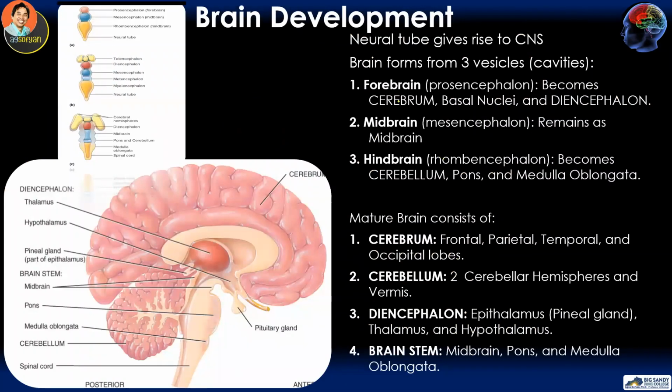Now, the brain development. When it is developing, there are only 3 parts of the brain: the forebrain, in the front part, the midbrain in the middle part, and the hindbrain, which is the back part.